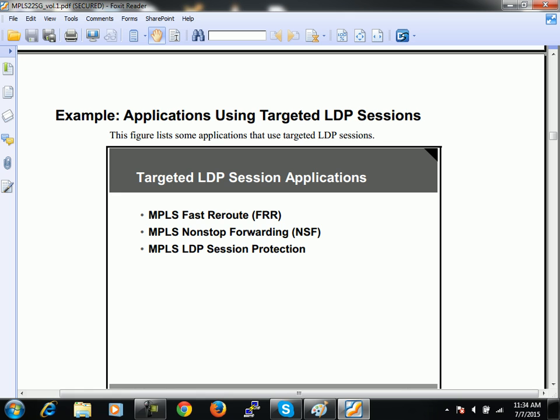If you are going to use any one of these three features, then you will need to configure targeted LDP sessions. I'll teach you how you can configure targeted LDP sessions. But remember, if you have configured a targeted LDP session, it will always unicast even hello messages as well. Previously it was unicasting only TCP based packets, but now hellos will also be unicasted.